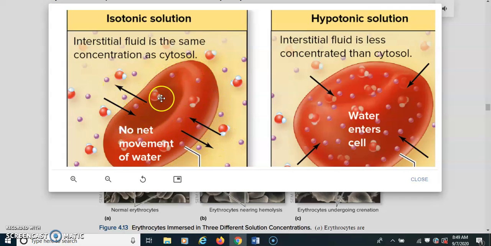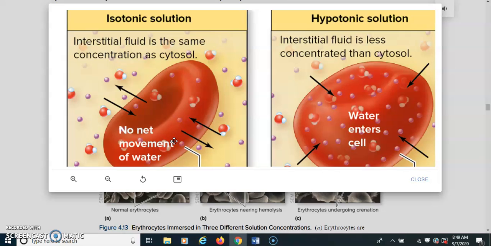So we try to keep our red blood cells in an isotonic solution. So we have these homeostatic mechanisms in place that do that. So that way our red blood cells maintain their shape and then they can function properly. And their function is to carry oxygen. So as long as they have that shape, they can carry oxygen very, very well. And everything's good.